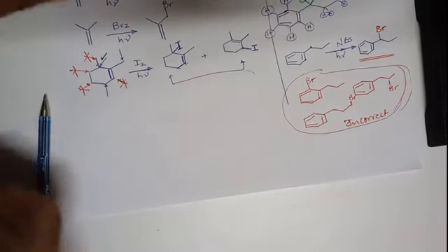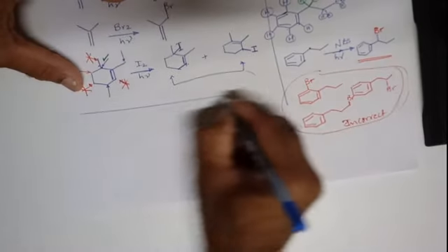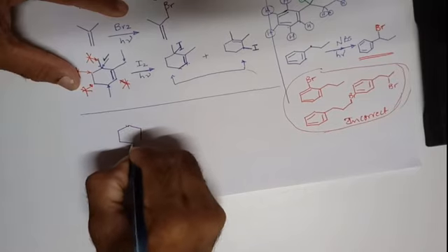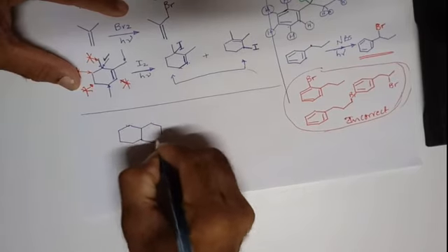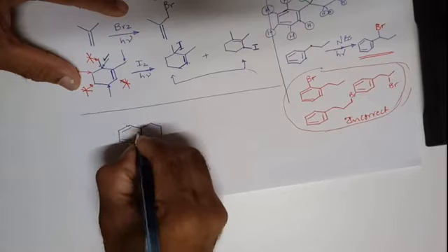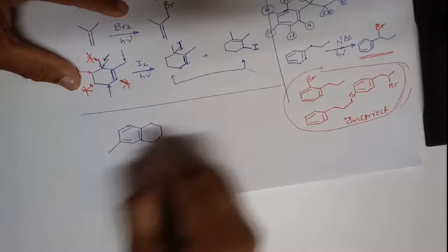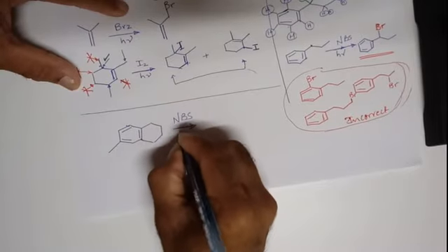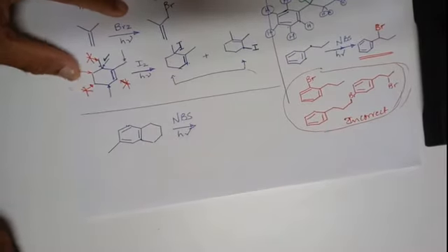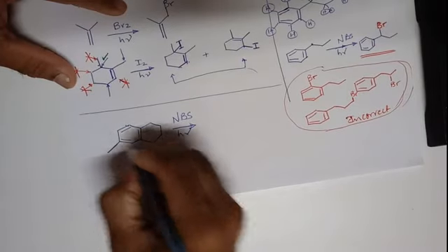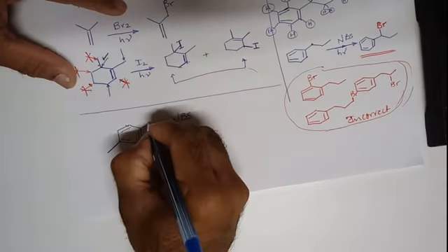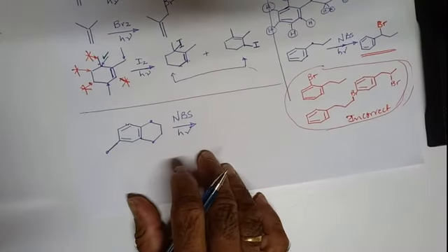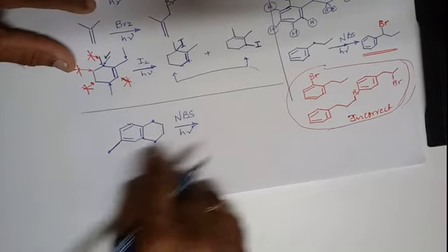Right? And the last glitch, or last twist to this story, is, what if I have something like this with NBS and light? Now we are going to say this is benzylic, this is benzylic, this is benzylic, and we don't have a reason to discard any one of them.